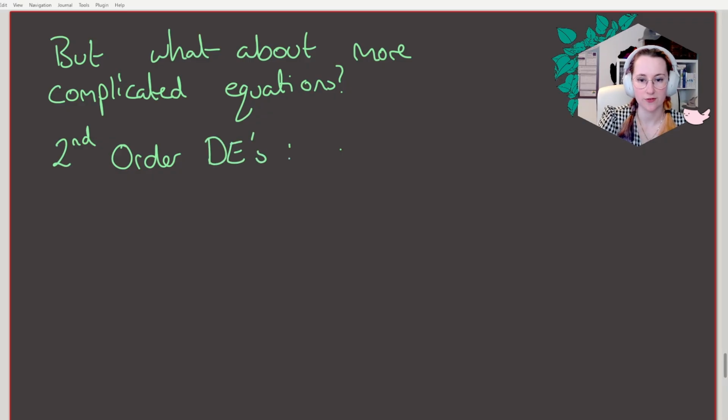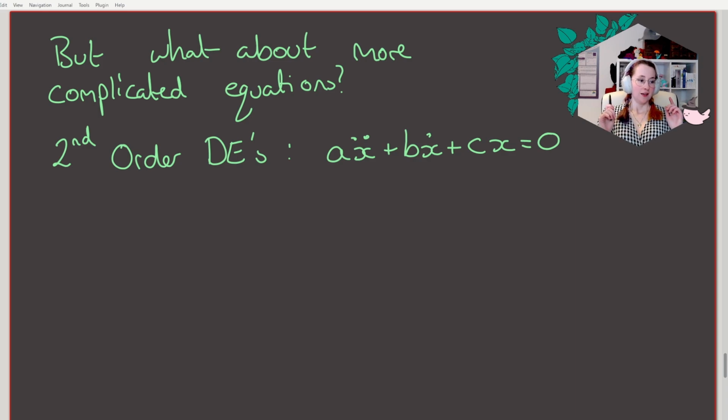DEs of the form ax double dot plus bx dot plus cx equals 0. This is a standard form of a linear second order differential equation where we have a second order term, we have a first order term, and we have a linear term.